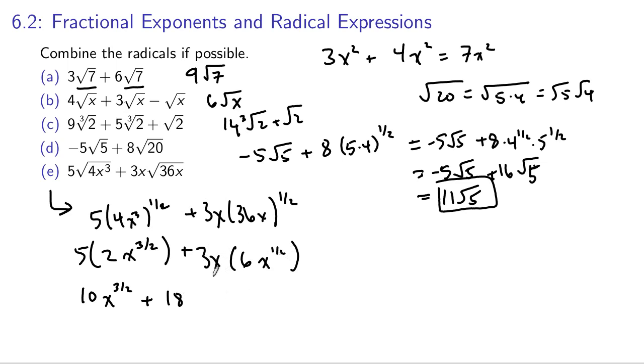We have the same base now. Same base, add the exponents. Well, remember the 1 to the first power is just implied by any number. So we would add 1 and 1/2 to get 3/2. And now we do have the same thing here, x to the 3/2, x to the 3/2. We can add the coefficients to get 28 x to the 3/2.